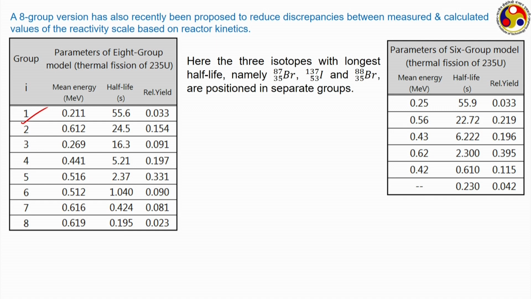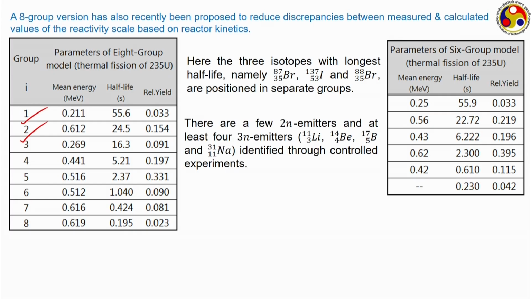So, all the half life and other values that are given correspond to bromine 87 and are not averaged with some other element. Similarly, the second one uses the data for iodine 137 and the third one uses bromine 88.